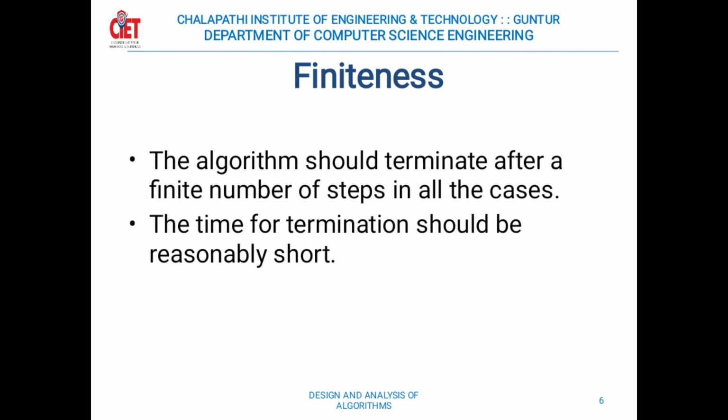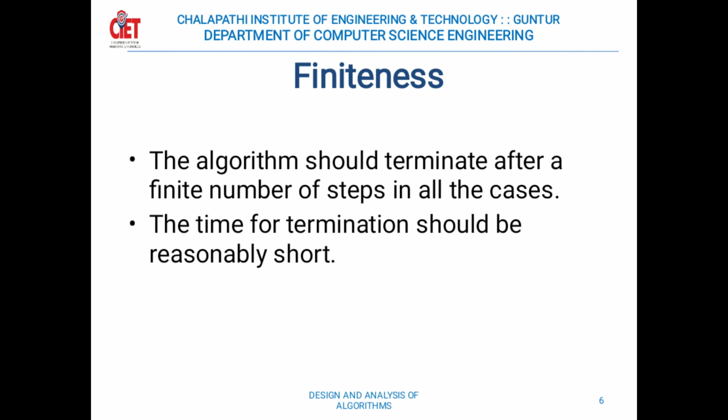Coming to the next property, finiteness. Finite means limited or less number of steps. Every algorithm should terminate after a finite number of steps. That means every algorithm takes a finite amount of time for its execution. It is another property of the algorithm.